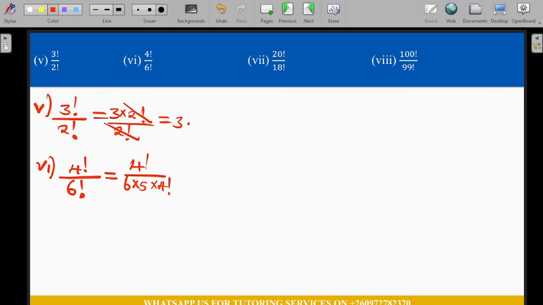Then on top we have 4 factorial. 4 factorial and 4 factorial cancel. Now we have 1 on top over 6 times 5, that's 30. So that becomes the answer. So when you say 6 factorial over 4 factorial, that's the inverse of that, which will give 30.